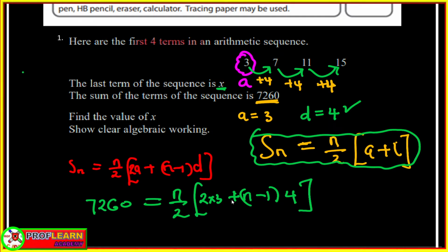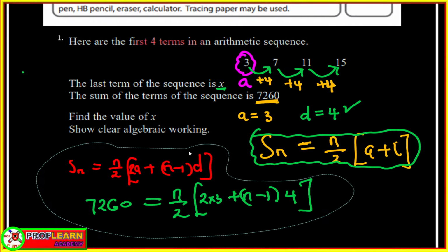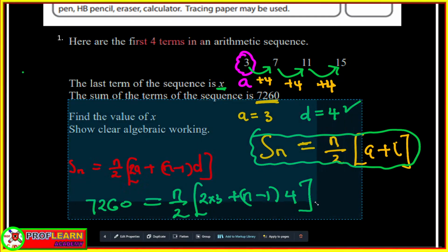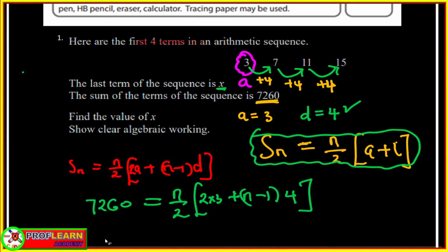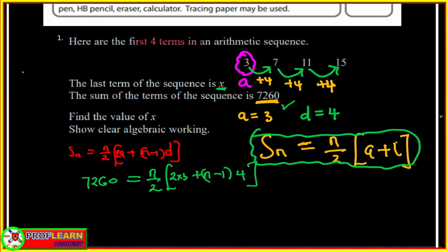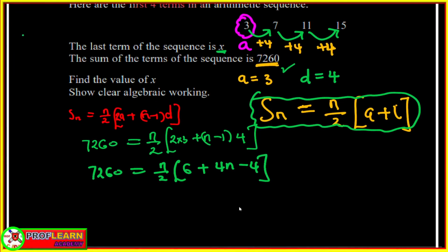So if we try to compress everything that we are having here and simplify whatever we have, we can do that in a flash of a second. This is going to be 7260 is equal to n over 2 into bracket 6 plus 4n minus 4. So in this case, I've tried to open the bracket.